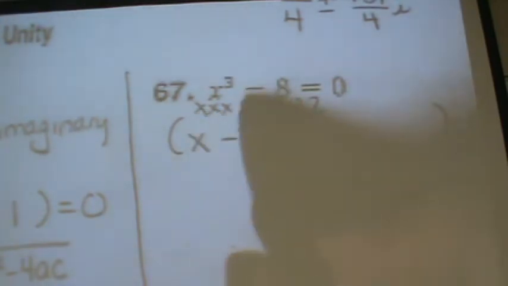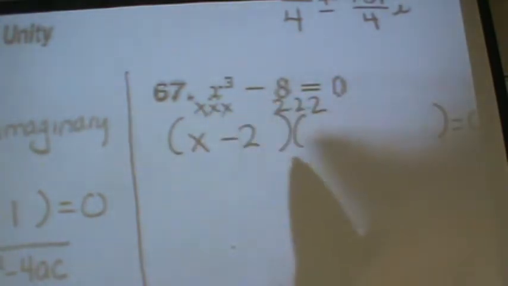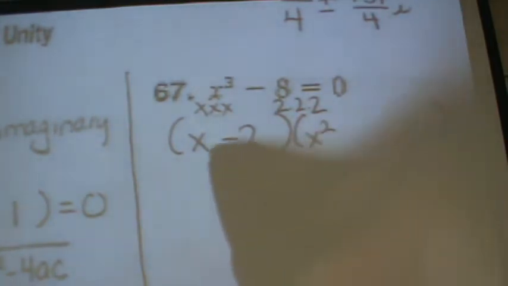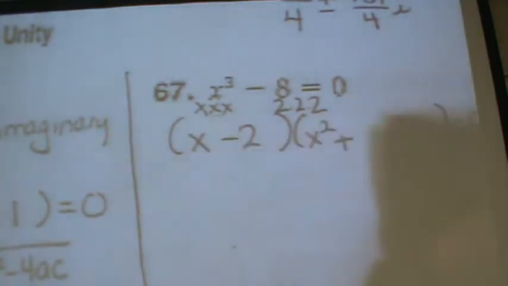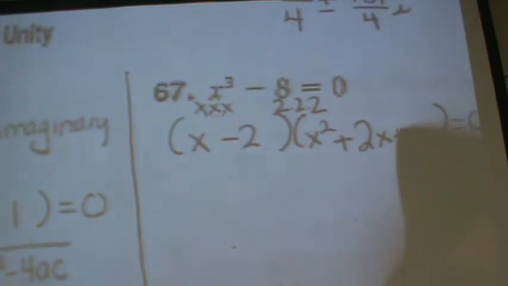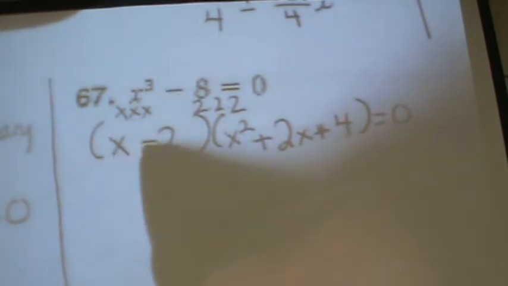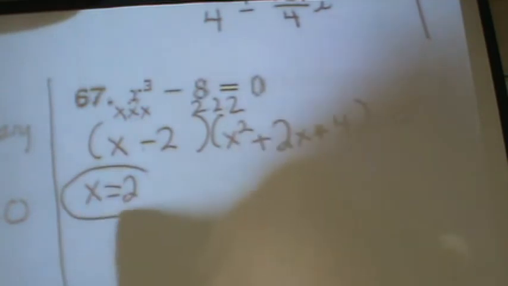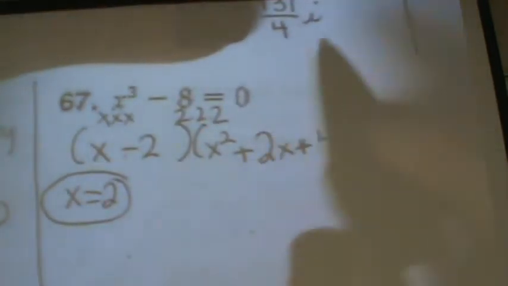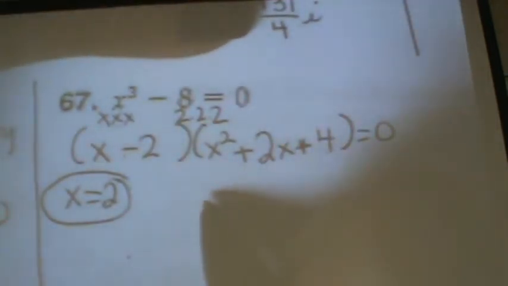So you take one of each of these, x minus 2, and then these two multiply together, switch the sign, multiply these two, so you have 2x. This sign's always a positive, and 2 times 2 is 4. So one of your solutions is you're going to set x minus 2 equal to 0, so x is 2. That's one answer. These two, you're going to have to use the quadratic formula.